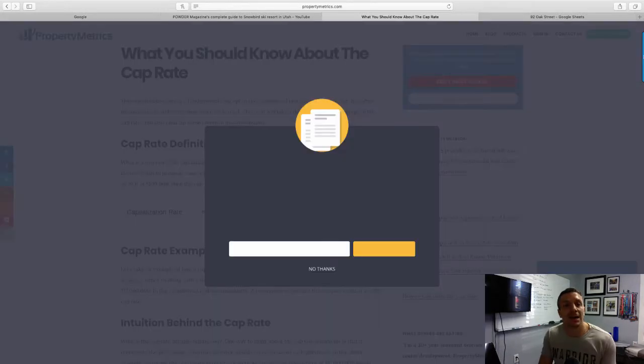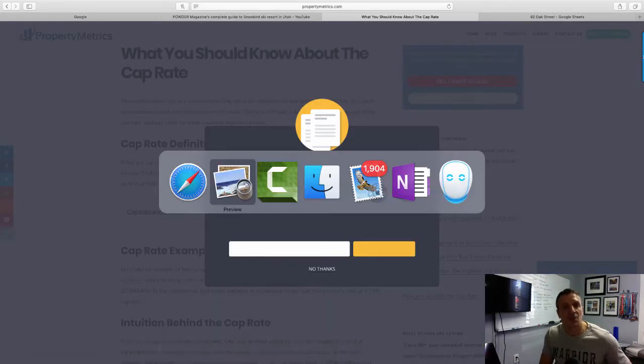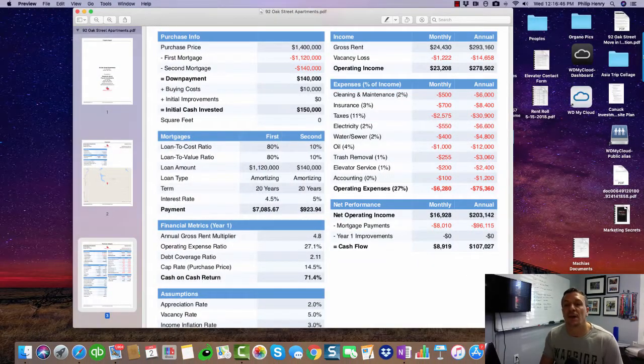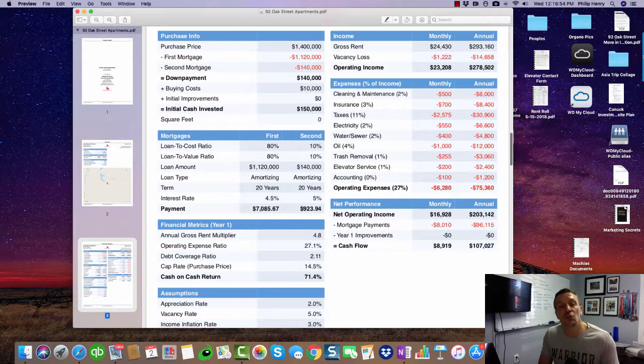In my situation, if my net operating income is $203,000, I divide that by 0.1, and I would be willing to spend $2,030,000 for this property based on that math.